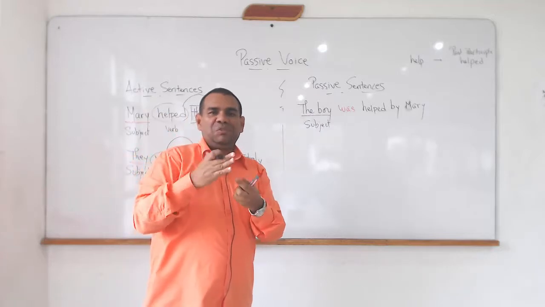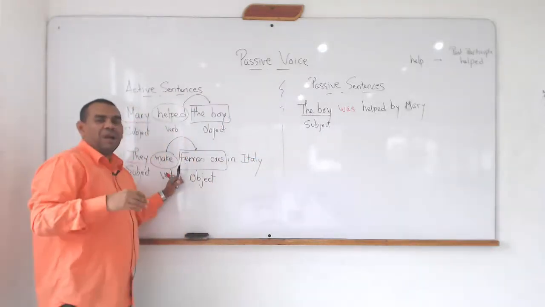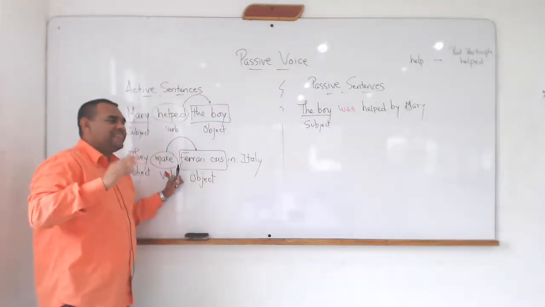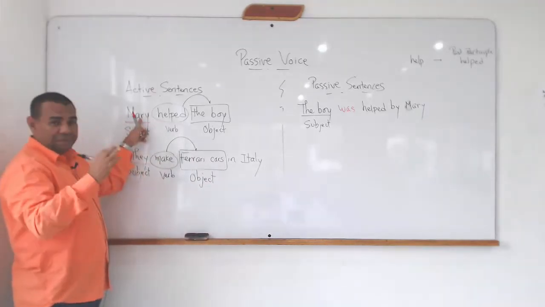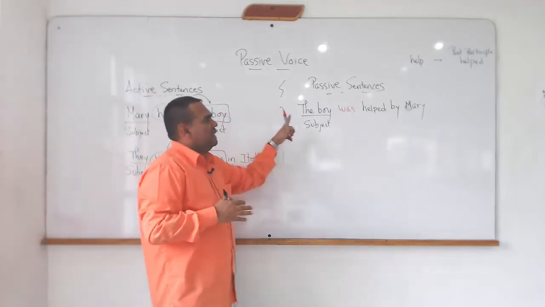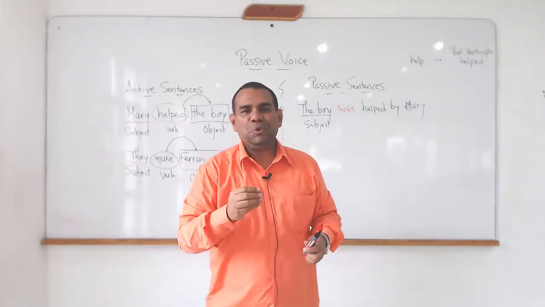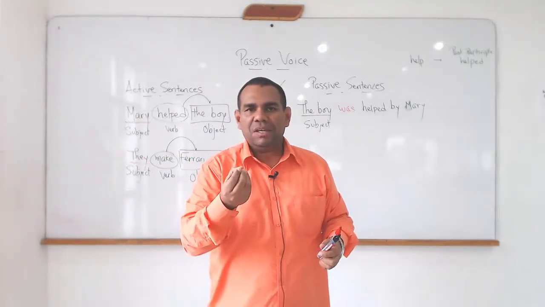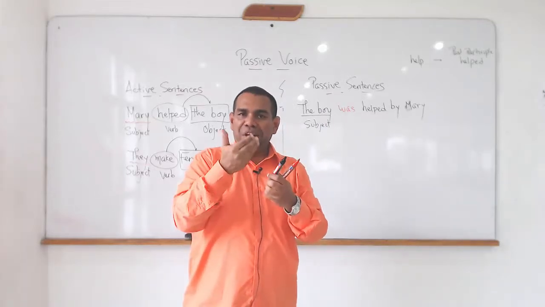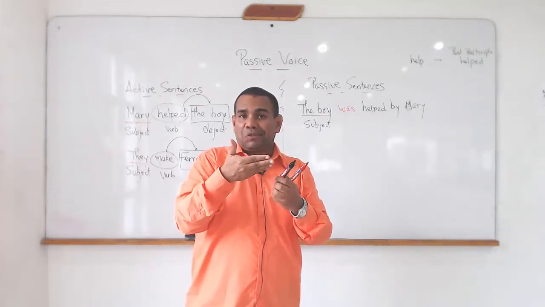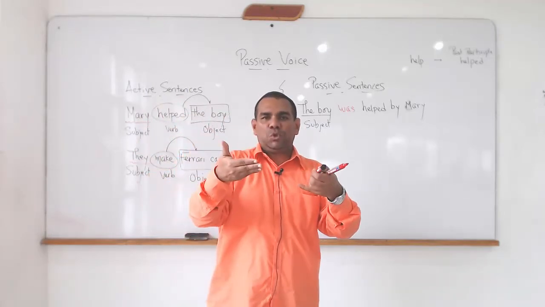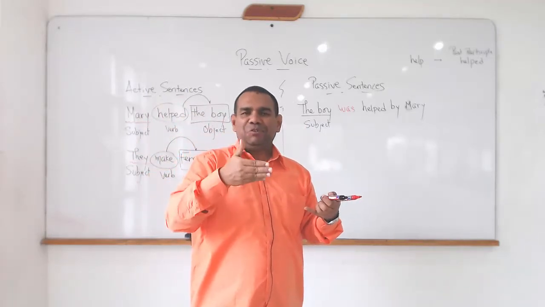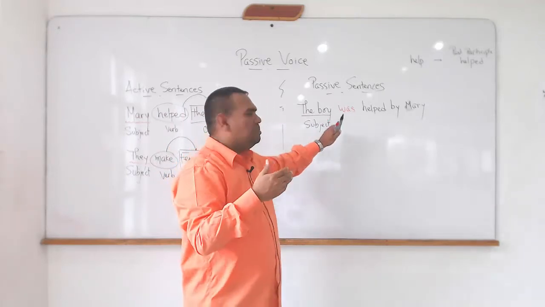Let's carry out the transformation from sentence number 2, and we will find a very important detail. The detail here is that Mary, for example, in sentence number 1, is a person who is well defined. For me to be able to say Mary in a sentence requires that the person who is listening to me knows for sure who Mary is.